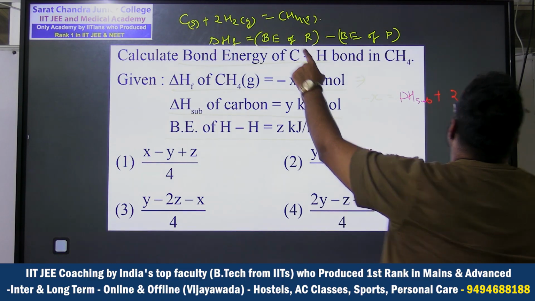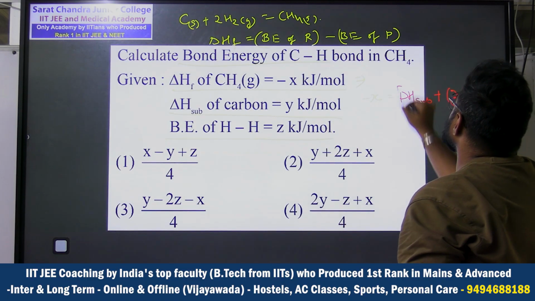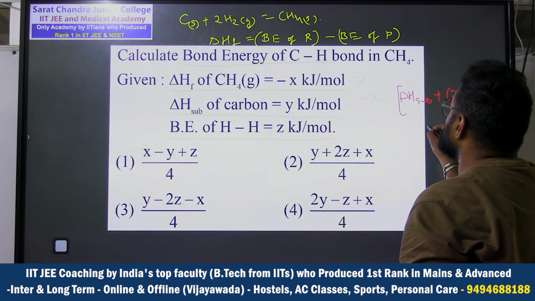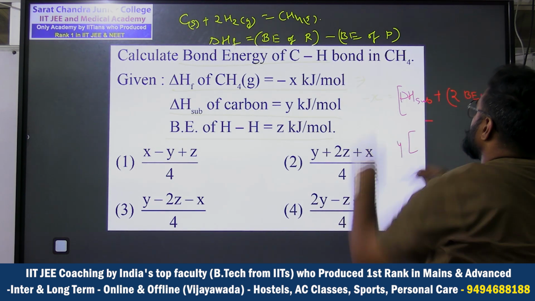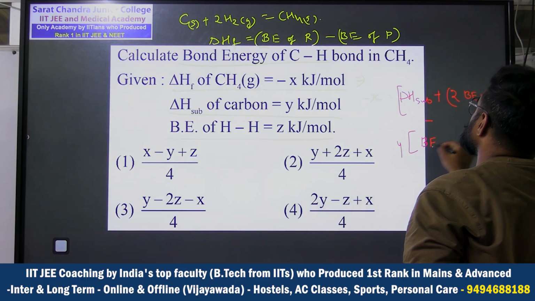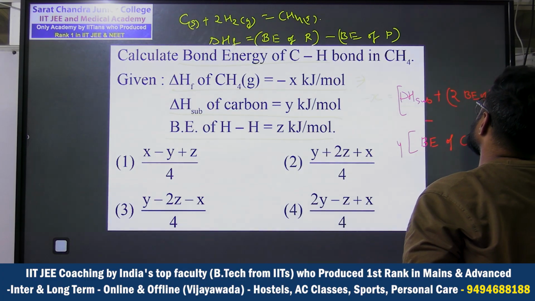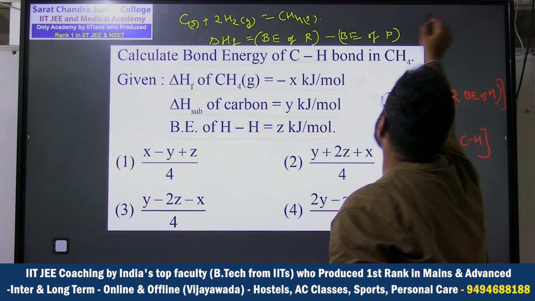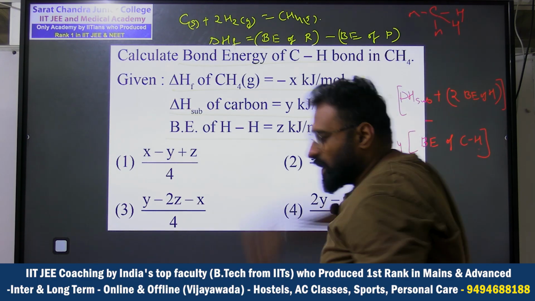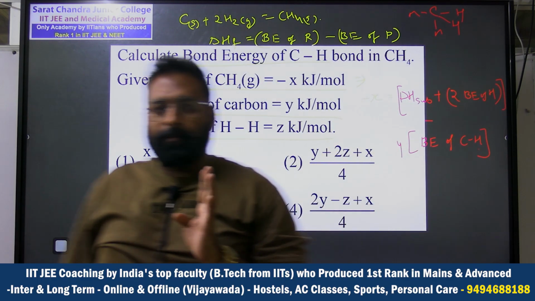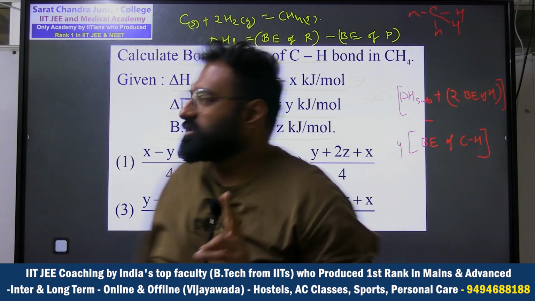This is the reactant side, minus what is the product side? 4 into bond energy of C-H. The CH4 has how many bonds? C-H, H, H and H. 4 C-H bonds. Correct?